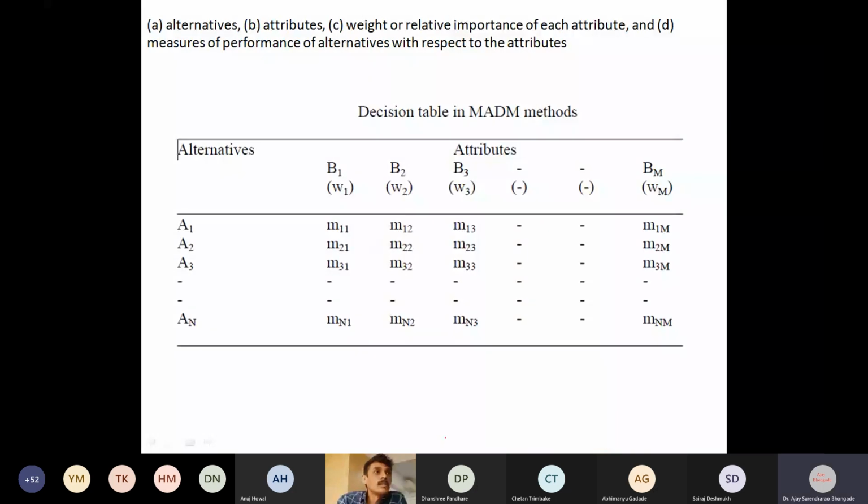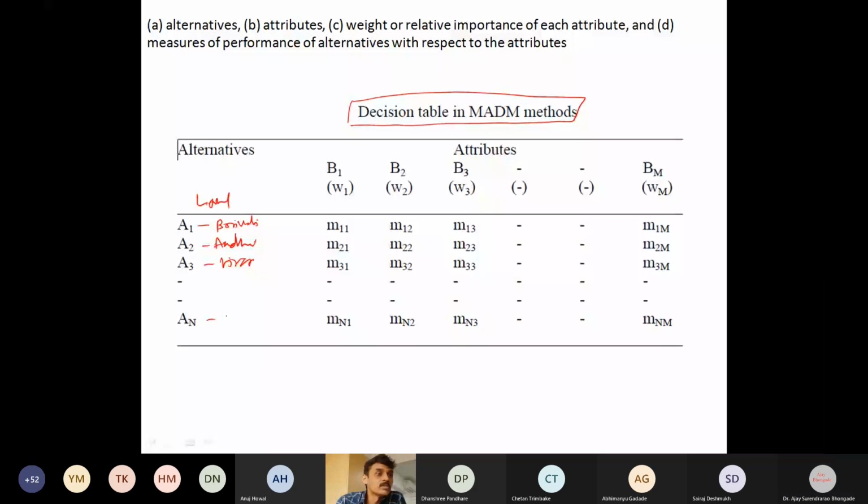So in general, for MADM, this table we have to make. Whenever you talk about the MADM approach, we have alternatives, right? So land might be selected, purchased, let us say at Borivali. If I talk about the land problem, you have another option at Andheri, or you may have Virar or something like this, or let us say Panvel.